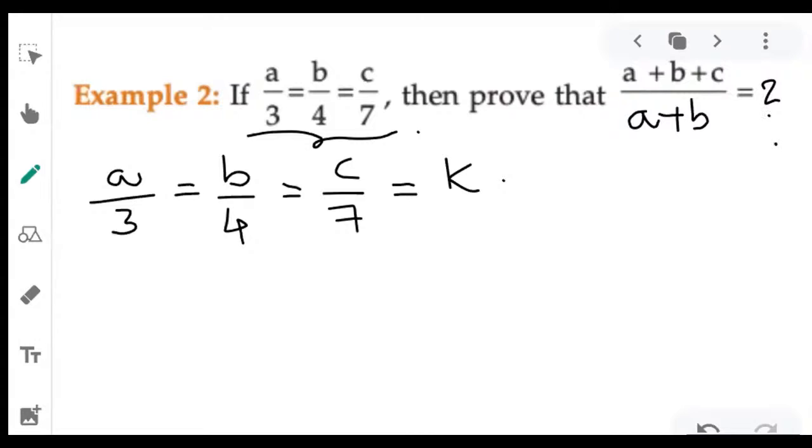Find out what the value of A plus B plus C by A plus B is equal to. Because proving that it is there is very easy for you. I'll give you 2 minutes.